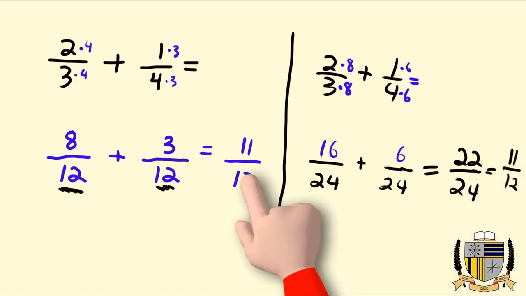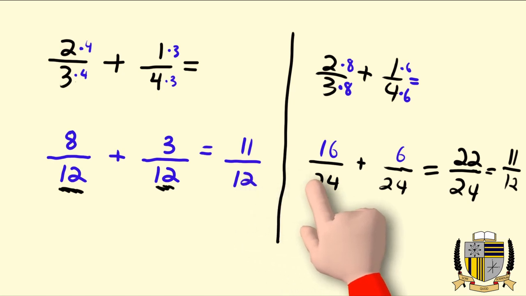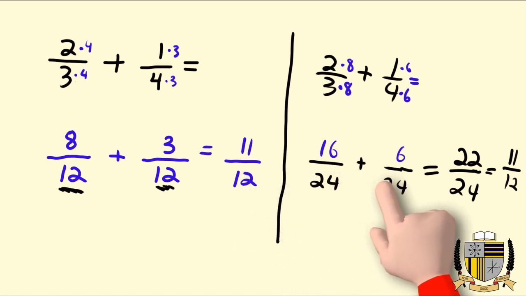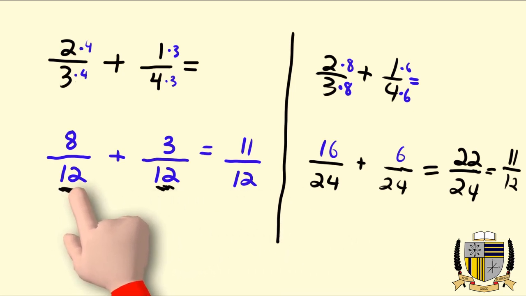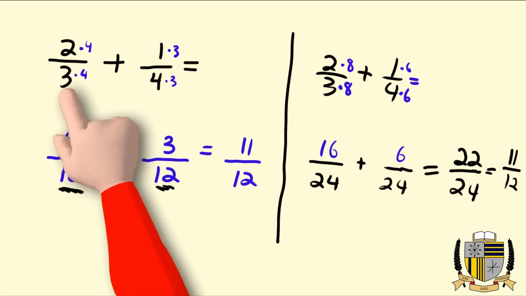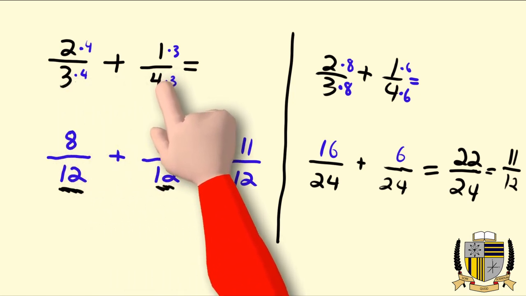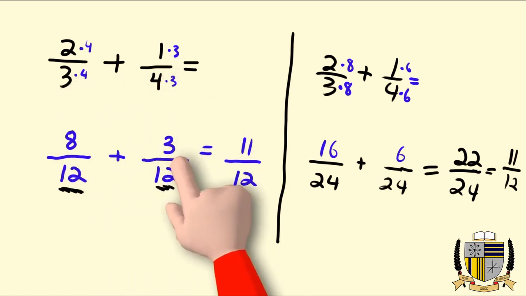So we got the same answer as this. So, 24 is a common denominator, but there is a lower common denominator of 12. This is the lowest common denominator of 3 and 4. So, that's just something you have to keep note of.